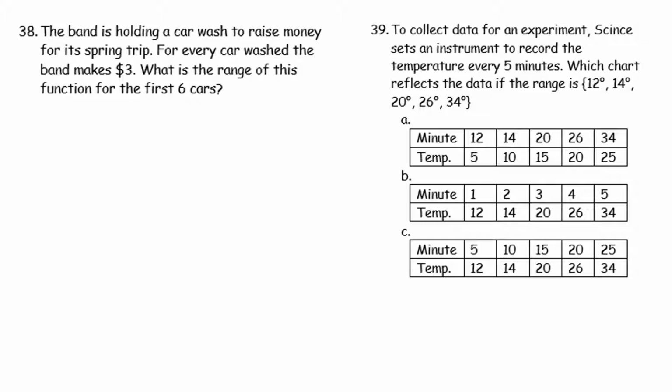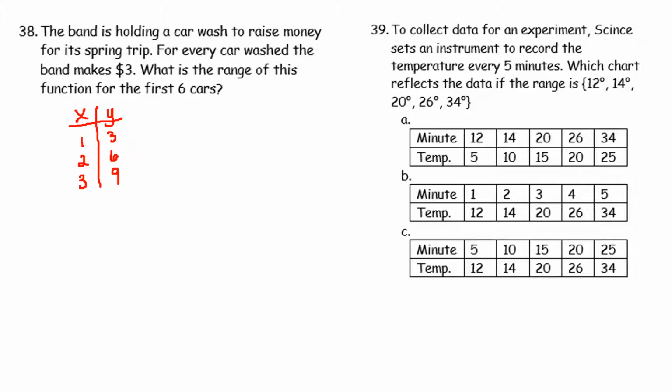All right, number 38. The band is holding a car wash to raise money for its spring trip. For every car wash the band makes, $3. What is the range of this function for the first six cars? So right here we can do an XY table. And for the first car, they make $3. Second car, now they've got 6.